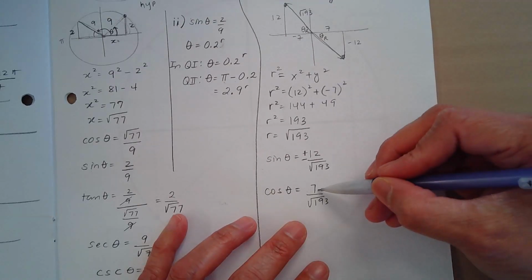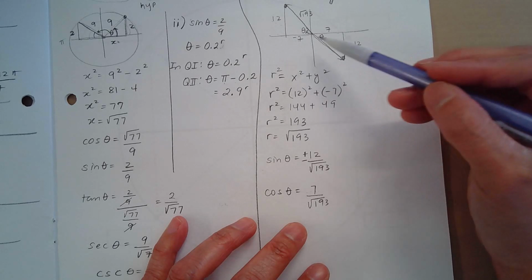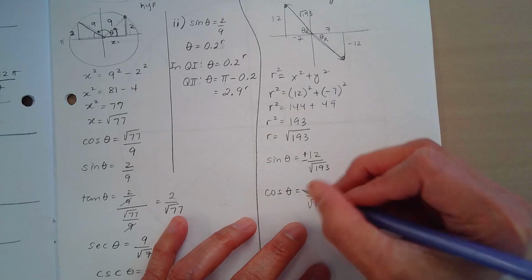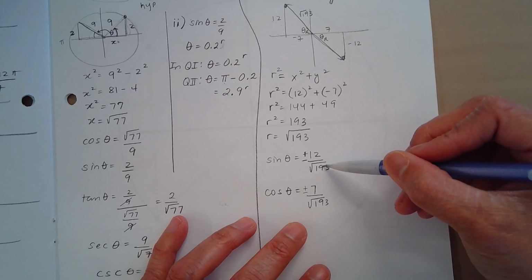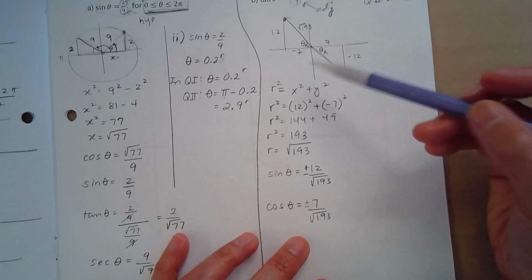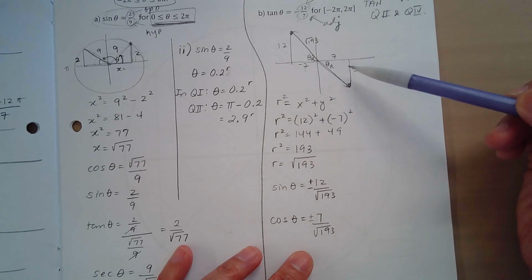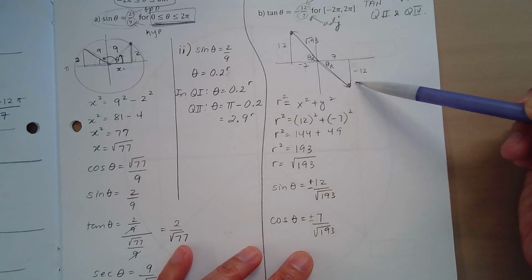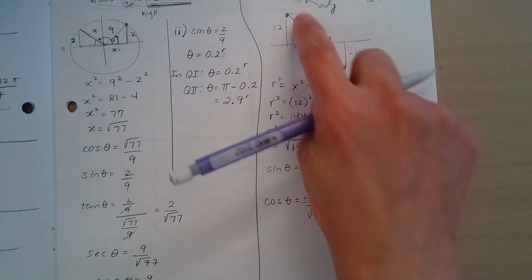And then here, negative cos, but positive cos there, so plus minus. So if positive for sine, that would be negative for cos, positive for cos, negative for sine. Okay, next. We already got the tan.